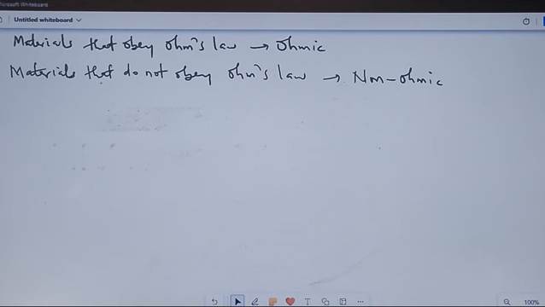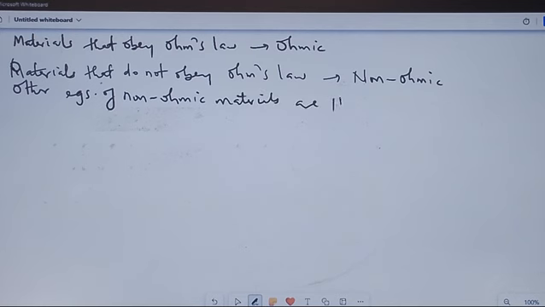Some other examples of non-ohmic materials are sulfuric acid, hydrogen tetraoxosulfate 6, and neon gas.